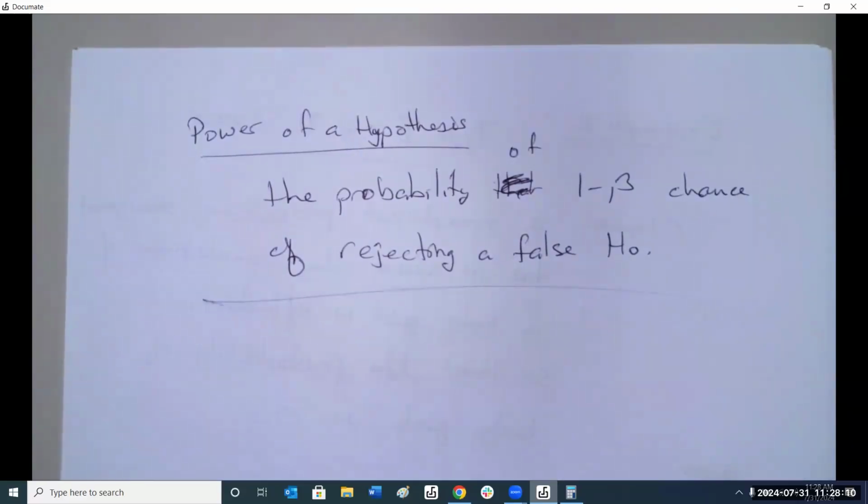So the power is the probability of 1 minus beta. So it's 1 minus the probability of a type 2 error.